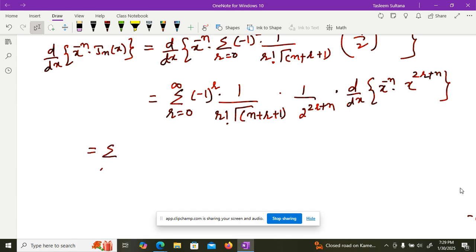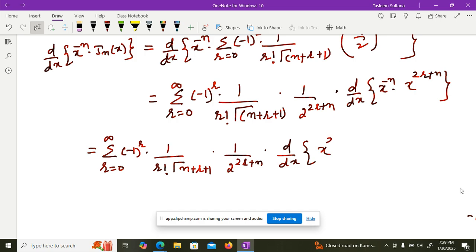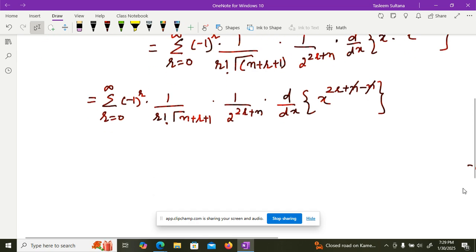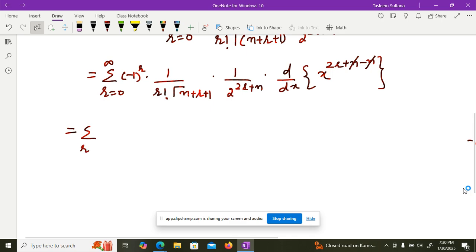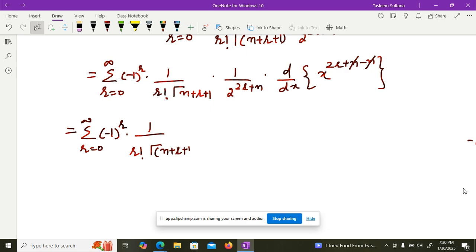So which is equal to summation r equals 0 to infinity, minus 1 to the power of r into 1 divided by r factorial gamma of n plus r plus 1 into 1 divided by 2 to the power of 2r plus n into d by dx of x to the power of 2r plus n minus n, where minus n plus n gets cancelled.